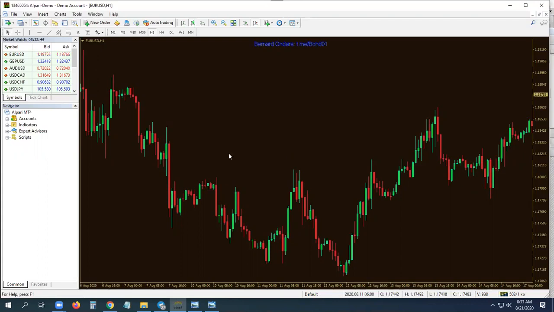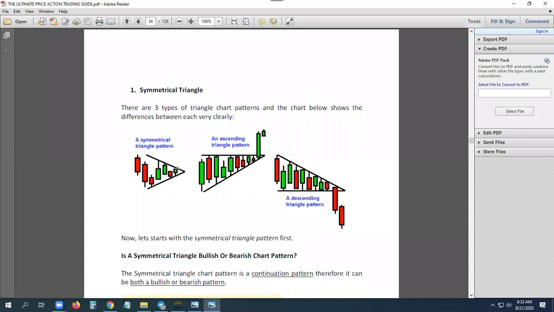They are geometric shapes. For example, look at that. That's a triangle. A triangle is a geometric shape, okay? So they are simply geometric shapes formed by candlesticks on the chart, and those shapes can help you determine where the market is moving to next. They can give you opportunities to trade. Now, a very popular chart pattern is a triangle.